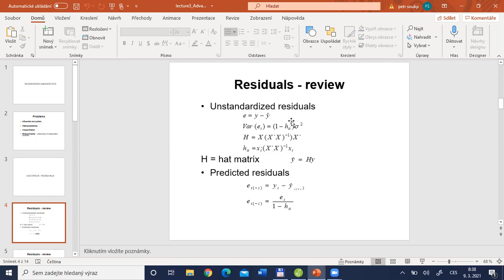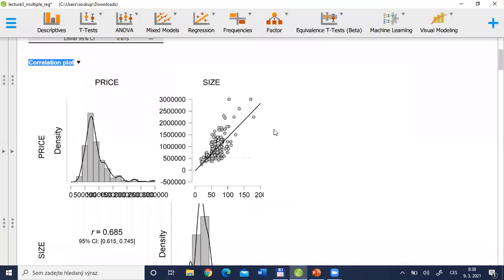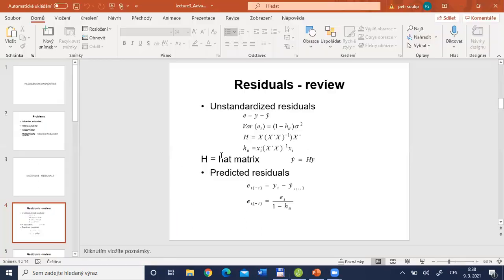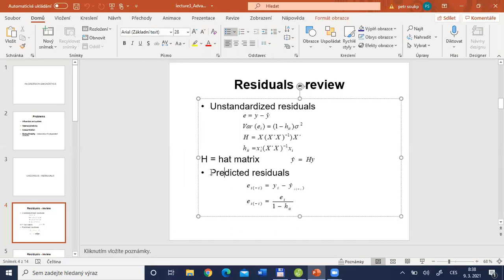We can compute the variance for these residuals by these equations, etc. We will not go into details. Sometimes it is recommended, when computing residuals, not to compute them directly from the line that is computed for all data, but we can compute so-called predicted residuals.